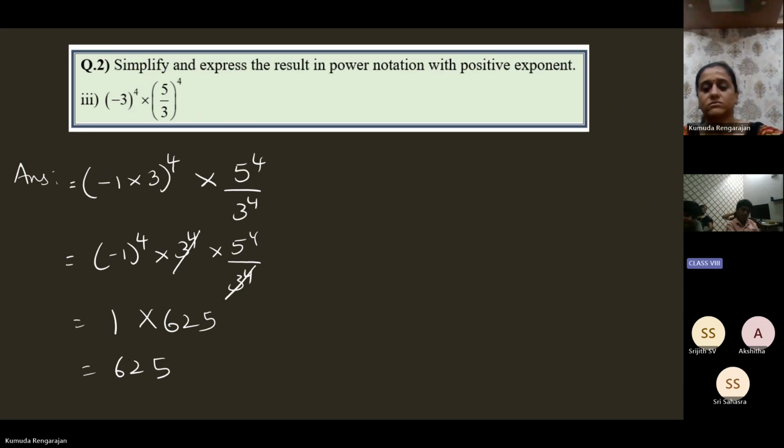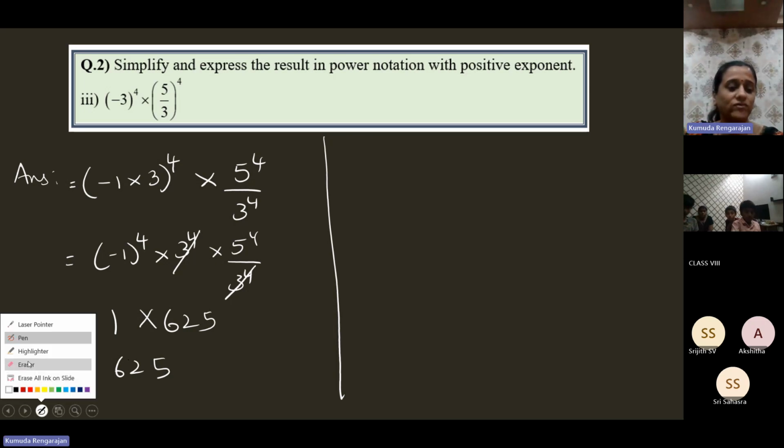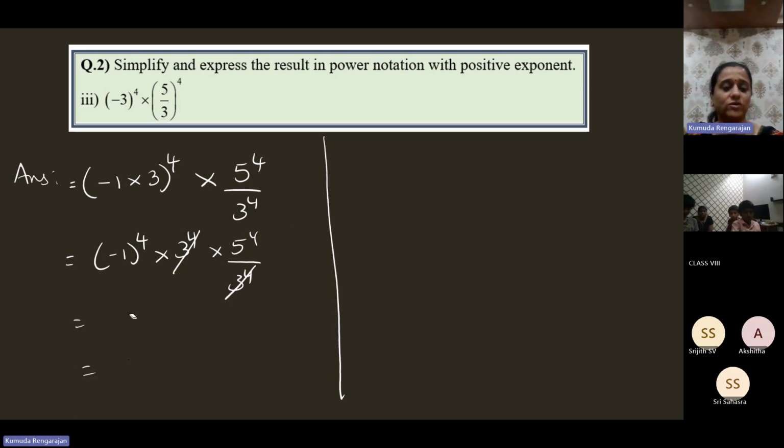Ma'am, I got the same answer but I wrote different steps. Read out your steps. Ma'am, they told exponential form. Oh, sorry. Thank you, Navneet. Ma'am, I wrote 625 is equal to 5 to the power 4. Ma'am, it's minus 5 raised to the power 4.